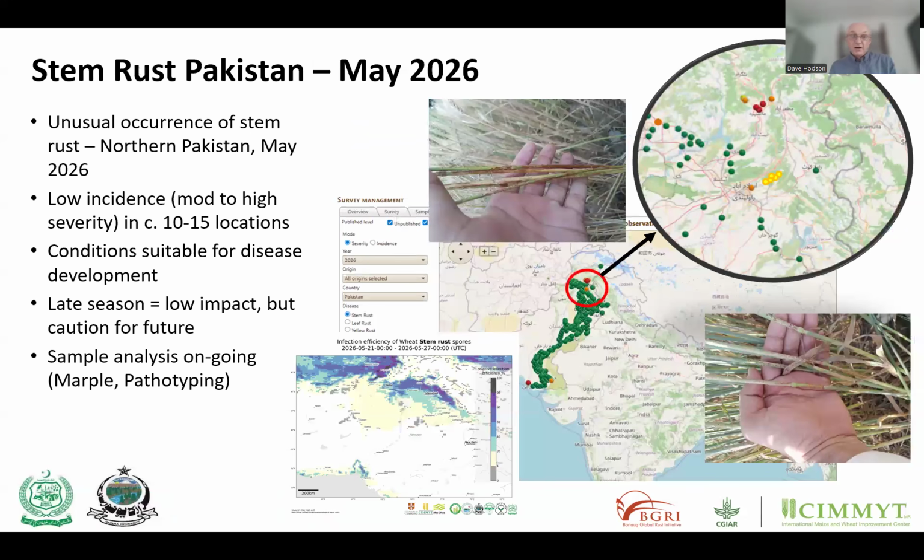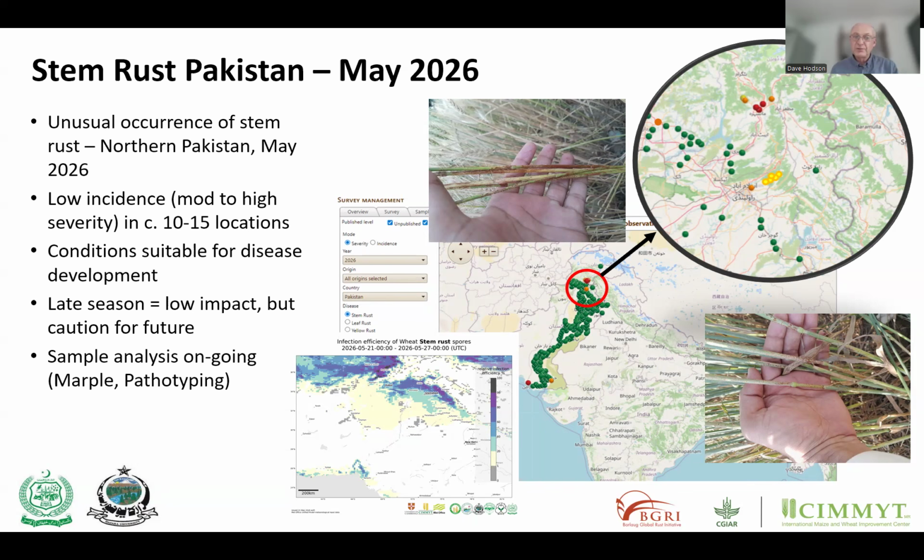Similarly, as I speak now in Pakistan, colleagues there, they're seeing unusual occurrence of stem rust in northern Pakistan. In maybe around 15 different locations in northern Pakistan, they're picking up stem rust. It's low incidence, but moderate to high severity.